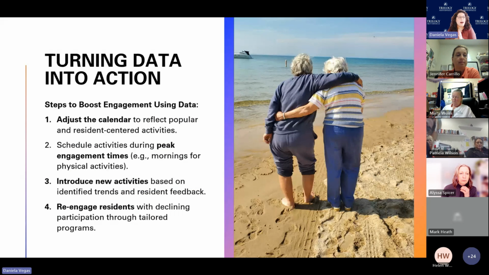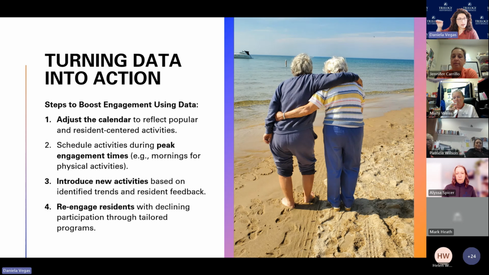So we talked about how to turn data into action from group activity charting specifically today. As you continue to work on this, I know for a lot of us, using data can be a little bit scary and it's new, but we want to make sure that we are adjusting our calendar to reflect those popular activities, and make sure that they're resident-centered activities.